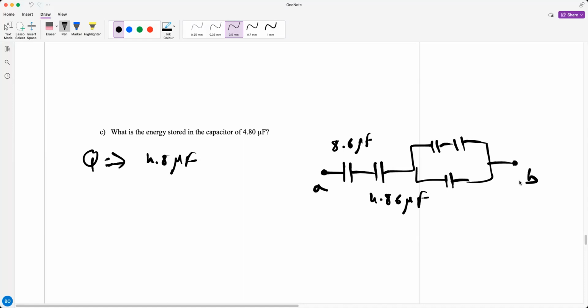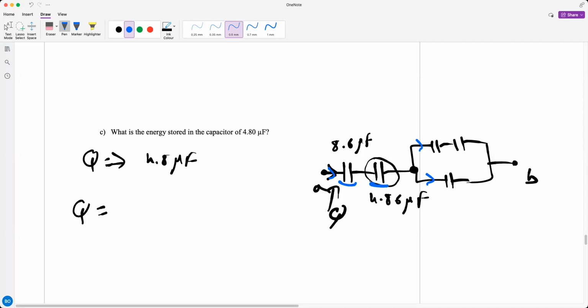Remember, the charge that goes through this is the same charge that goes through the whole circuit. The charge starts from here, this is the total charge. The same charge goes through the 4.8 microfarad. When it comes here, this charge will split, but the initial charge goes through this entirely.